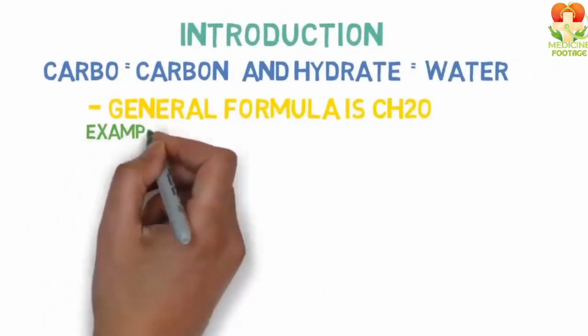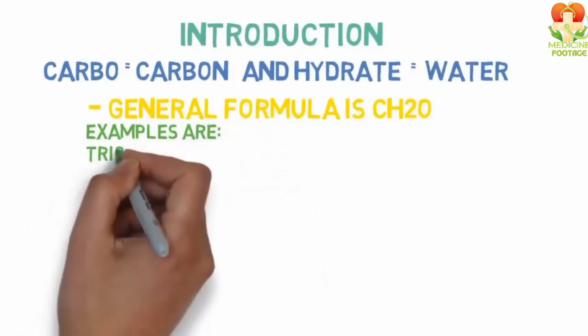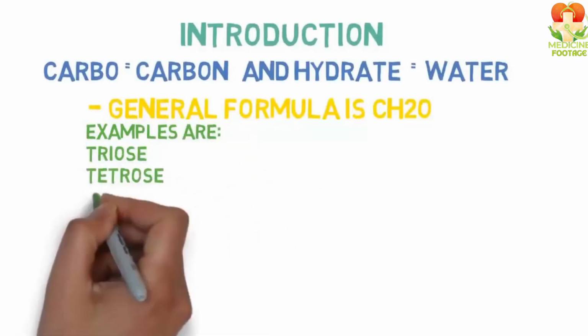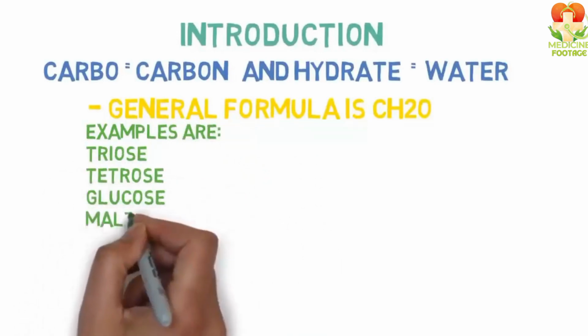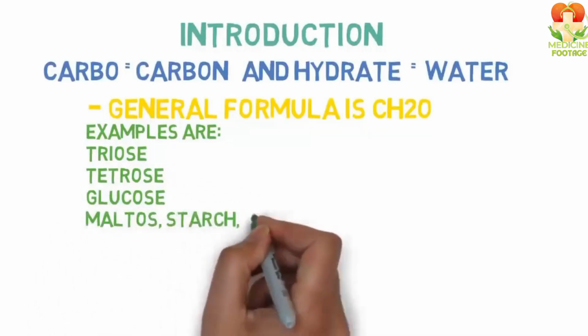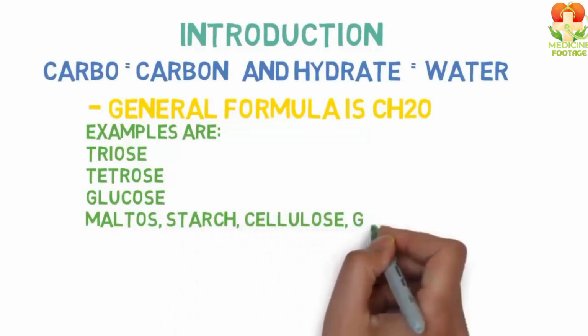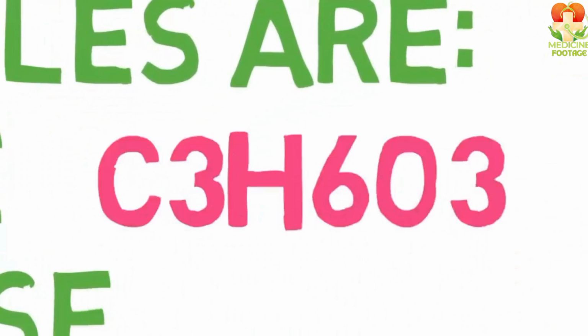Some examples of carbohydrates include triose, tetrose, glucose, maltose, sucrose, starch, cellulose, glycogen. Triose is a 3-carbon sugar and its formula is C3H6O3.